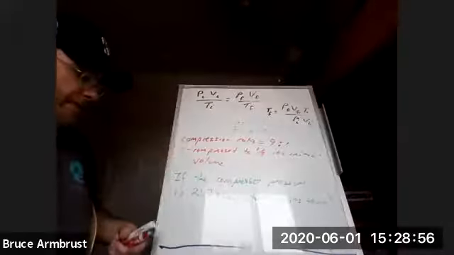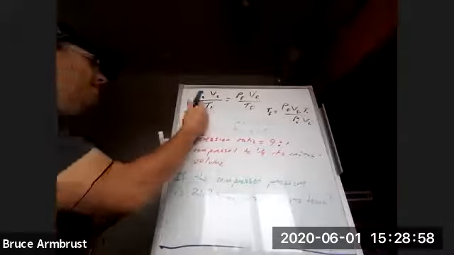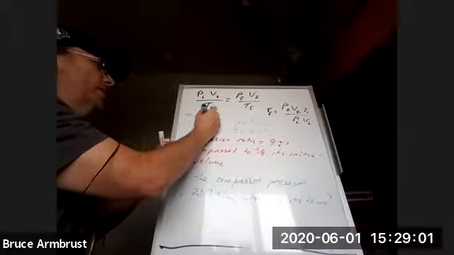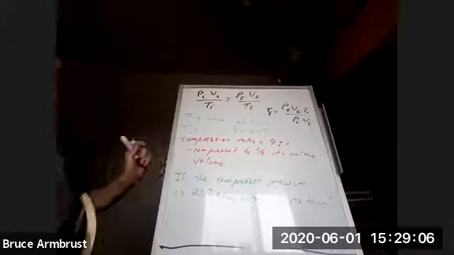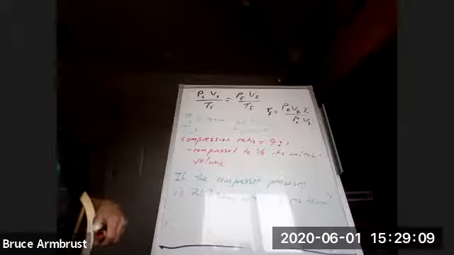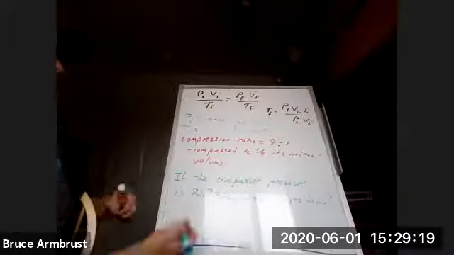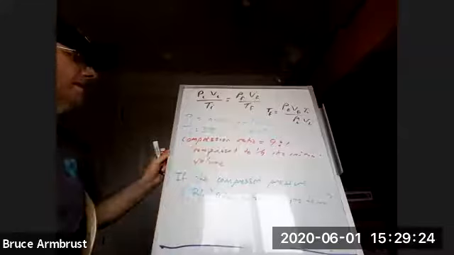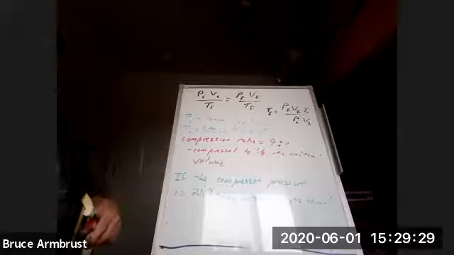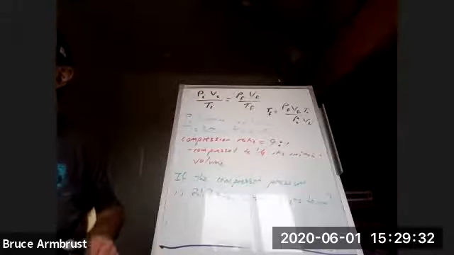Okay, I gave you some initial numbers. So our P initial is 1 atmosphere. What's our T initial? 273.15 plus 27. Good, we need to make sure we're in Kelvin. So if we add 273 to this, that's going to give us 300 Kelvin. And yes, it's actually 300.15 or whatever, but we'll call this good.